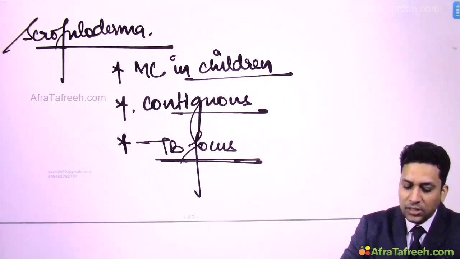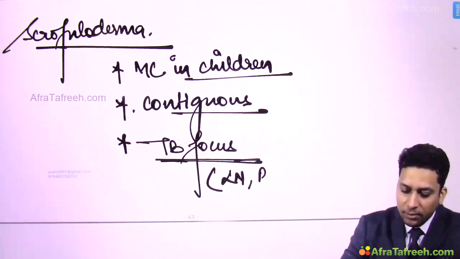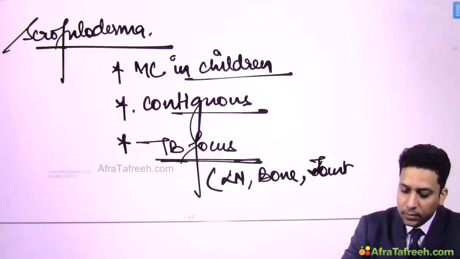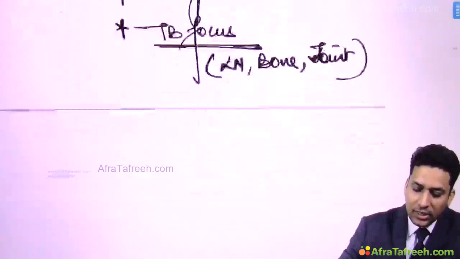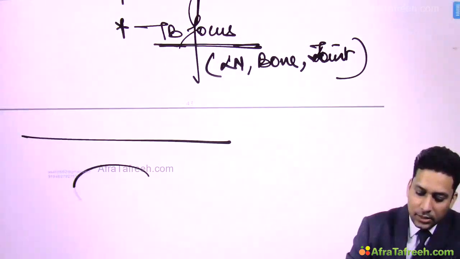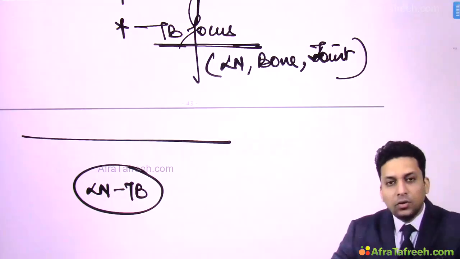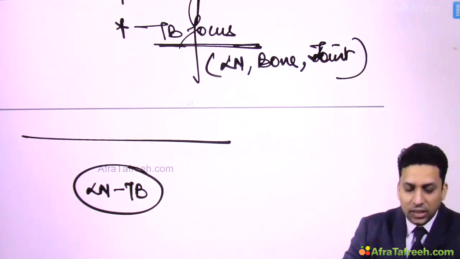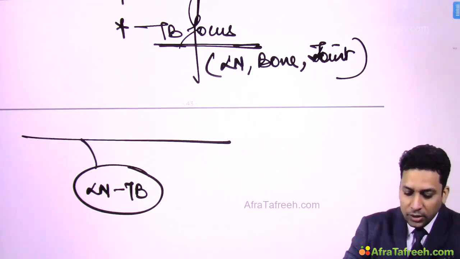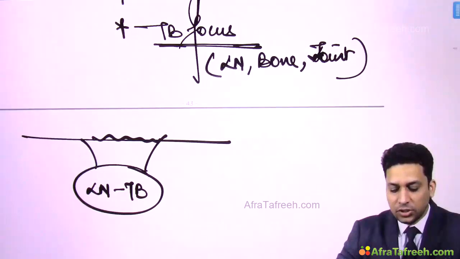This tubercular focus can be in the form of lymph node, bone, or joint. So let us consider that this is the skin of the patient and this is the underlying tubercular lymph node. Gradually this lymph node will rupture and involve this overlying skin. This skin tuberculosis, which is due to an underlying tubercular focus, is known as scrofuloderma.